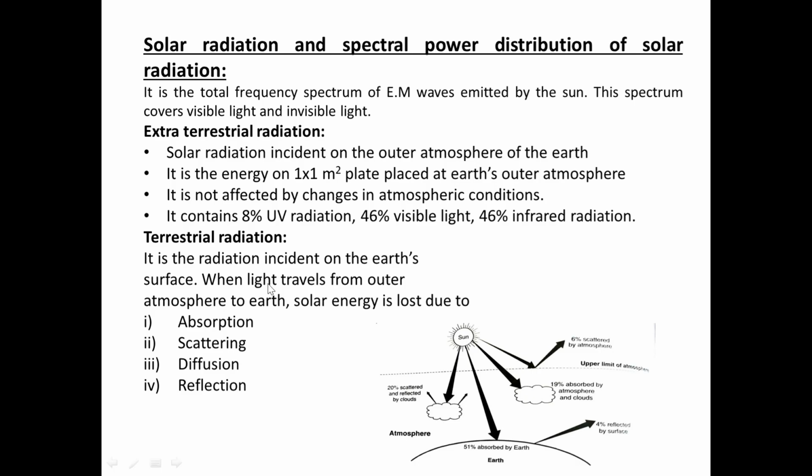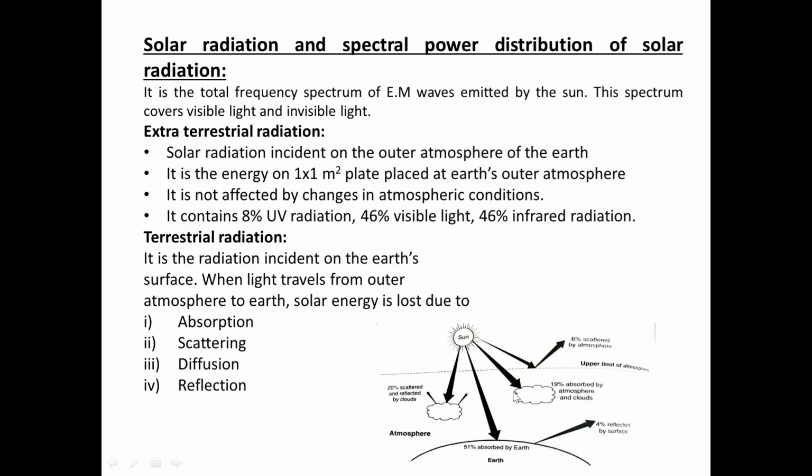Now here is a diagram. In the diagram, there is a boundary. Here there is a dotted line. This dotted line shows the upper limit of the atmosphere. Above that, the extraterrestrial region is there, and below that, terrestrial radiation is there. The energy received from the sun is lost due to so many factors.